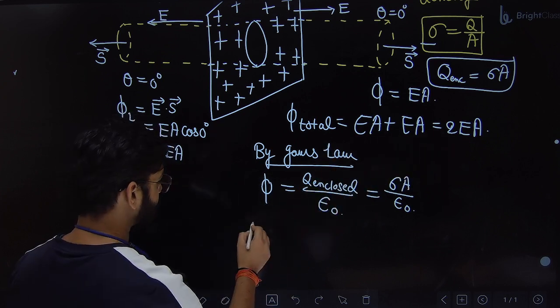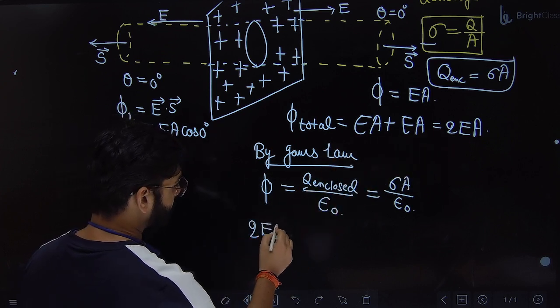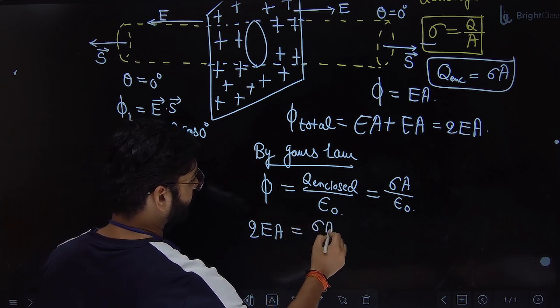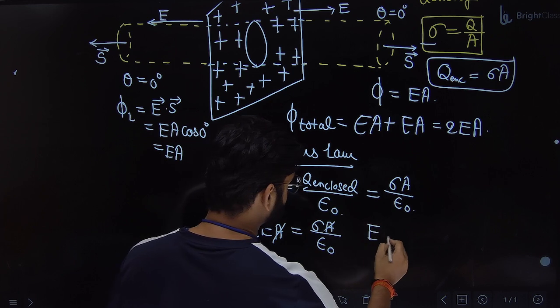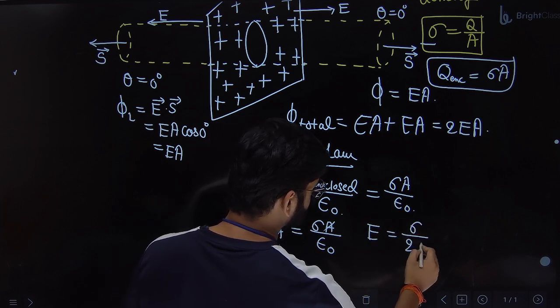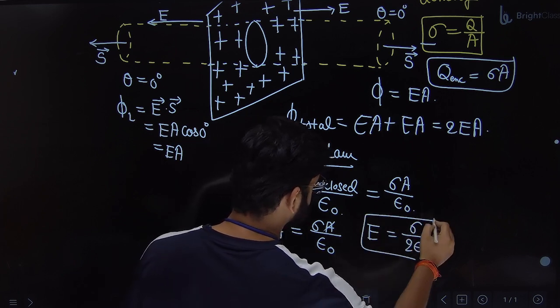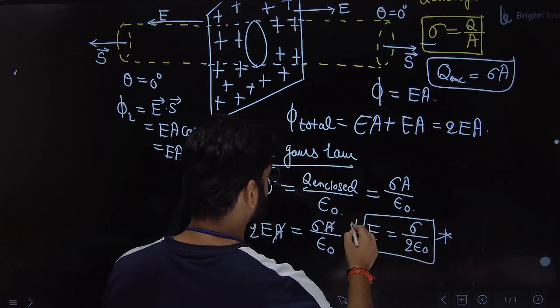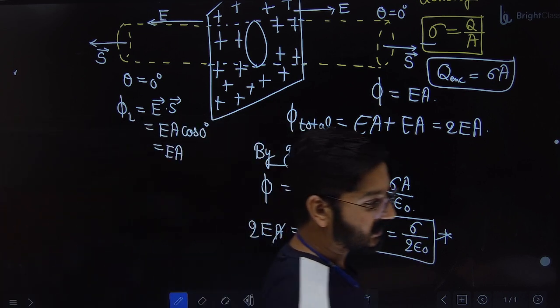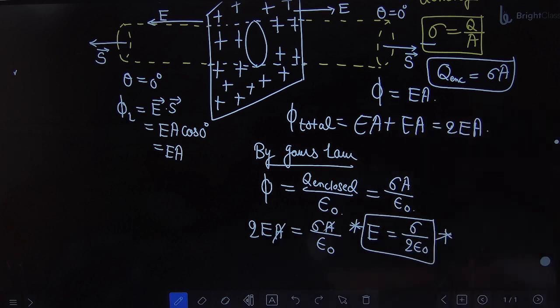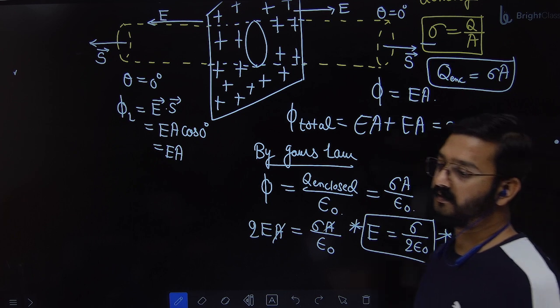Put 2EA equal to sigma A by epsilon naught. A gets cancelled. E equals what? Sigma by 2 epsilon naught. This is the final answer. So this is the electric field due to an infinitely large plane sheet: sigma by 2 epsilon naught.